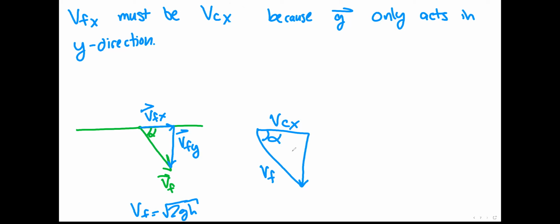To get the alpha, one thing we could do is get VCY, and then the tangent of alpha equals VCY over VCX. Sorry, I'm rushing and making mistakes.